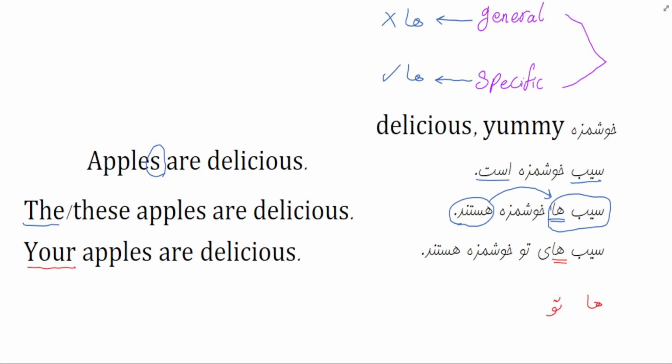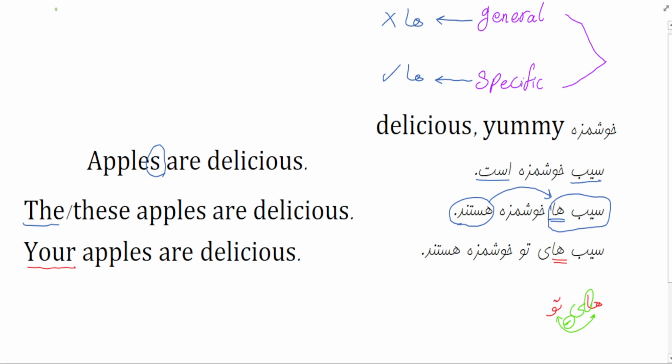Now there is an a here, سیب‌ها تو, and it cannot be uttered very easily. So in Persian we put a mediator between this vowel a at the end of ها and this e, which is the connector between تو and ها.